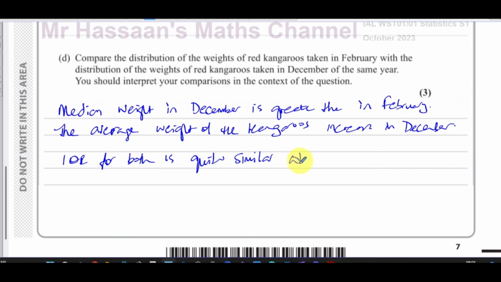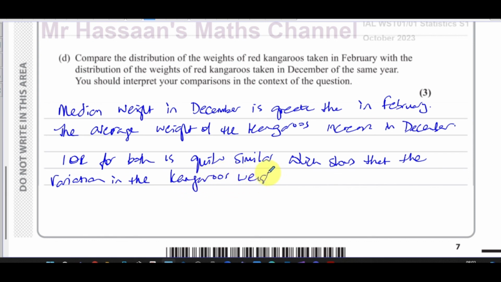Which shows that the variation in the kangaroos' weights doesn't change. The kangaroos' weights change very little. Not much change in the variation.